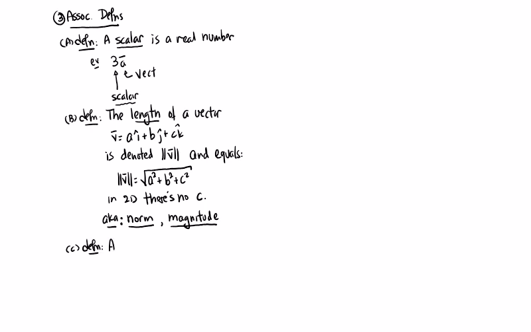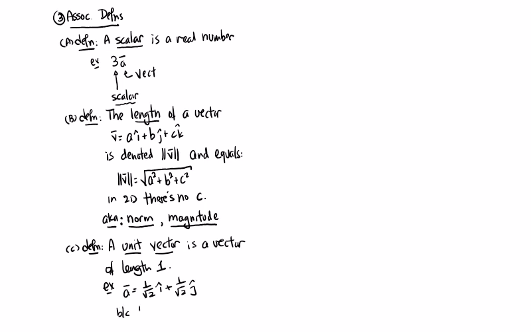So C. A unit vector is just a vector of length 1. So for example, the vector 1 over the square root of 2 i plus 1 over the square root of 2 j.